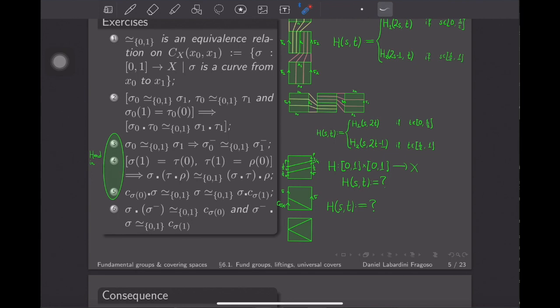If I start first with sigma and then go back, then it should be not moving but staying at the starting point of sigma. And if I do it the other way around, if I first go with sigma minus and then with sigma, then of course it has to be not moving but staying at the end point of sigma.